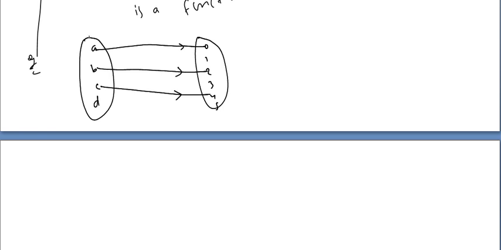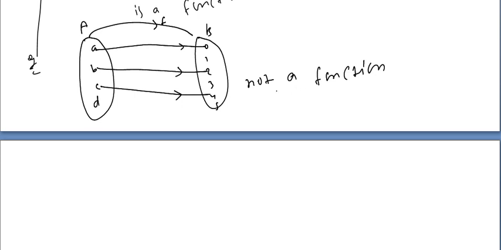Is it a function or not? Just check the condition. a has an image in set B, which is 0, b has an image 2, and c has an image 4, but d has no image in set B. That is, d is not associated with any element of set B. So is it a function or not? It is not a function.